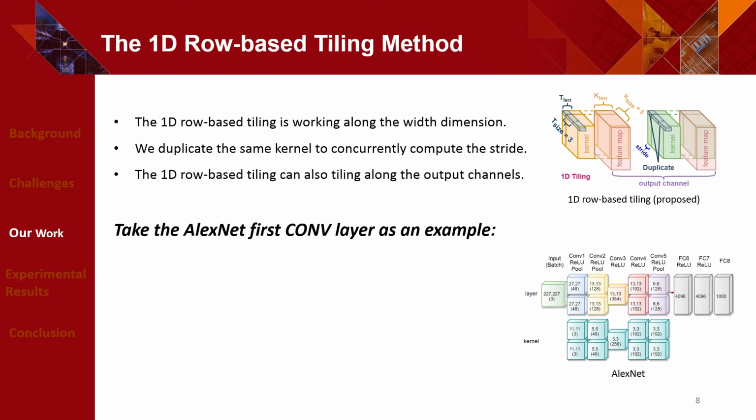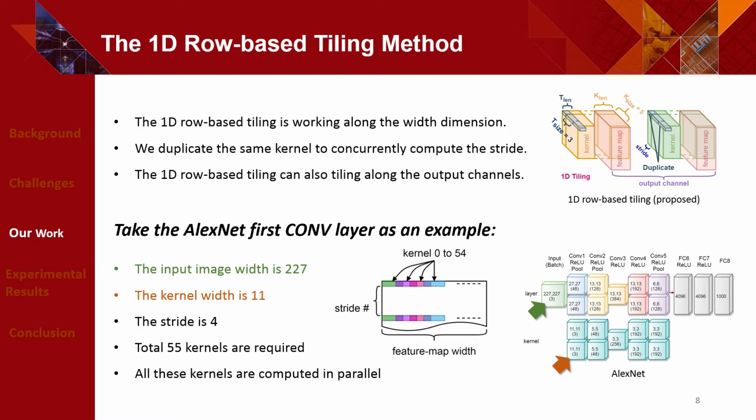And of course, when there are extra kernels which do not have enough space, when the entire row is already filled with kernels, then we can also work along the output channel as well. Let's have an example so we can understand a little bit more. For the AlexNet first convolution layer, the input image usually is 227, the kernel size is 11, so the kernel width is also 11, and the stride is 4.